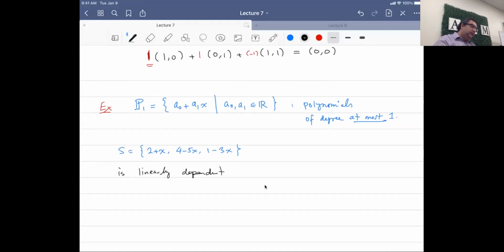And the reason is that if you take 2 plus x, you can write it as... or let's just give you the coefficients. So 1 times 2 plus x, minus 1 times 4 minus 5x, plus 2 times 1 minus 3x gives us the 0 vector.